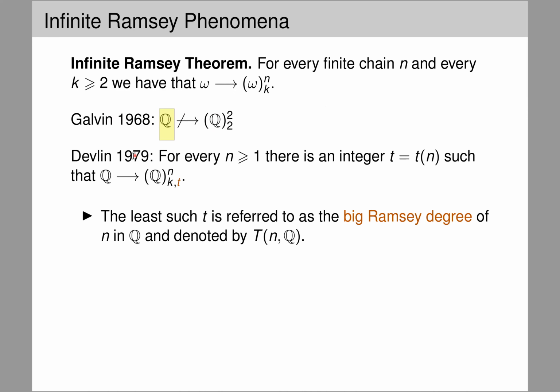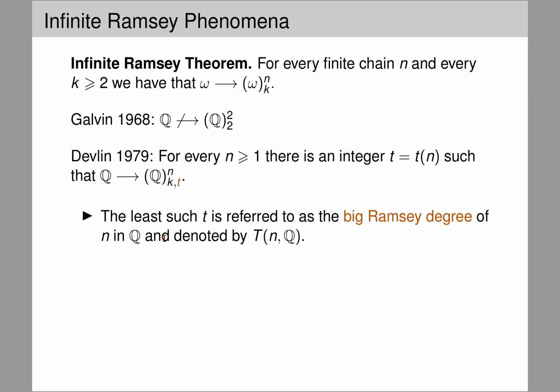However, Devlin then spotted in 1979 that, for every finite chain n, there is an integer t that depends only on that chain, such that no matter how we color copies of n in Q with k colors, there will always be a copy of Q inside which sees at most t colors. Now, recall that this t depends only on the finite chain n whose copies we are coloring, nothing else. So the least such t is referred to as the big Ramsey degree of n in Q.